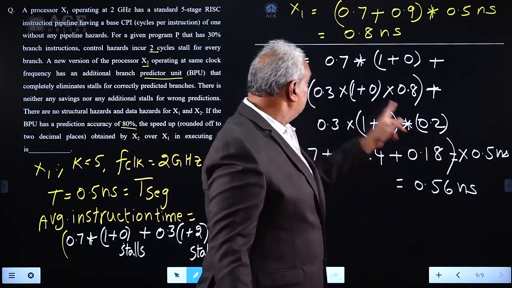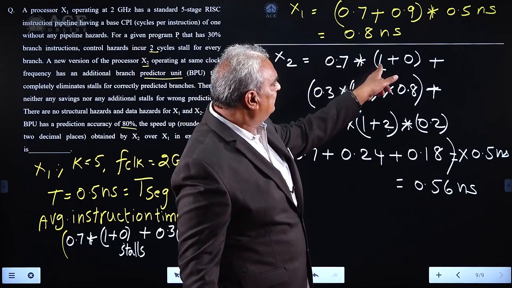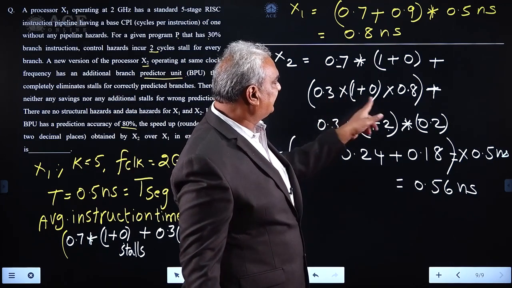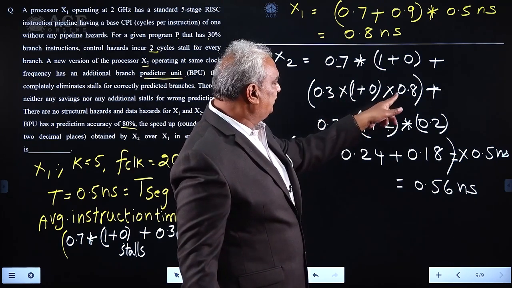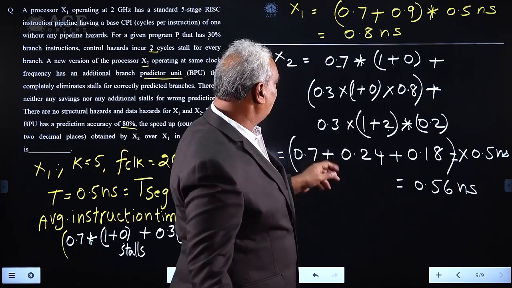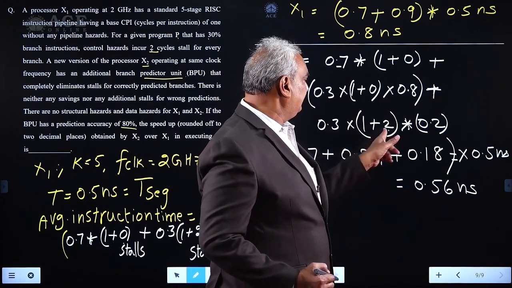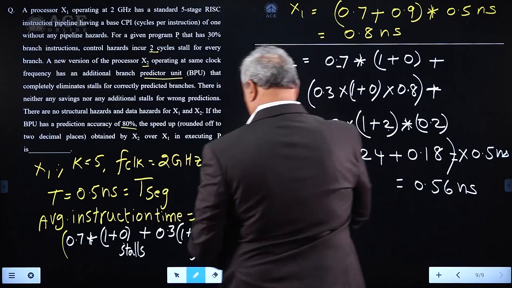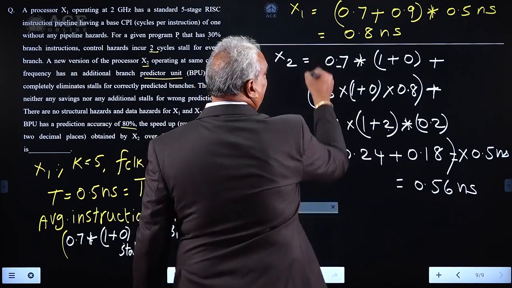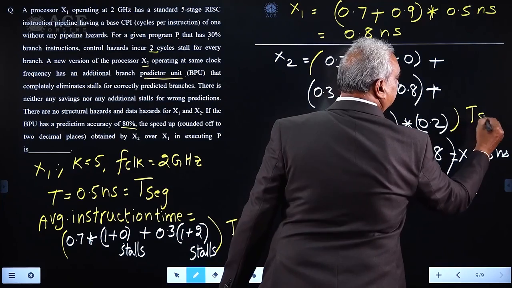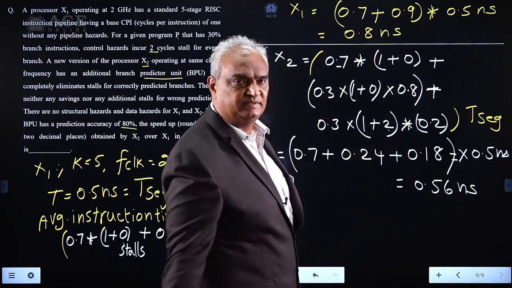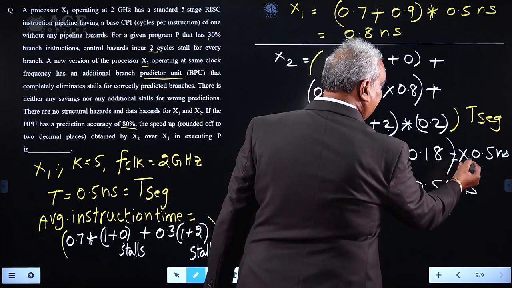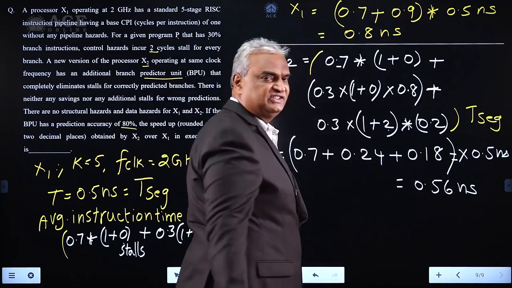So from this, 0.7 into 1 plus 0 means 0.7, plus 0.3 into 0.8, 0.24, plus 0.3 into 3 means 0.9 into 0.2, 0.18. Finally, the entire thing is multiplied with T segment, which is 0.5 nanosecond. That's why we got 0.7 plus 0.24 plus 0.18, into 0.5, nothing but 0.56 nanosecond.